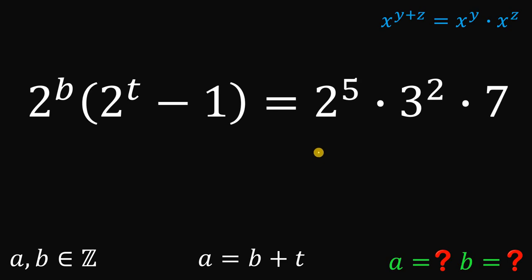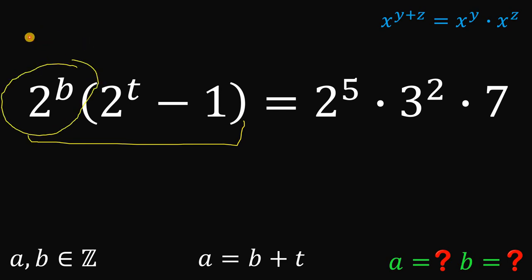Now, why is this important? Because on the left-hand side of our equation, 2 raised to the power of b must always be an even number. 2 raised to some power is always even, and 2 raised to t, an even number, minus 1 will result in an odd number.